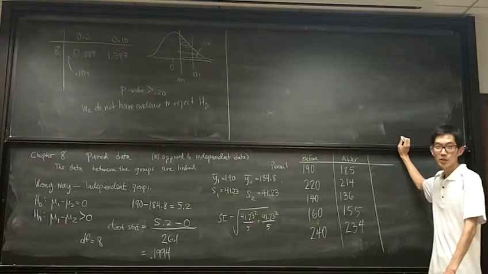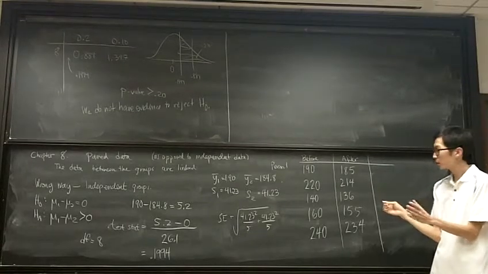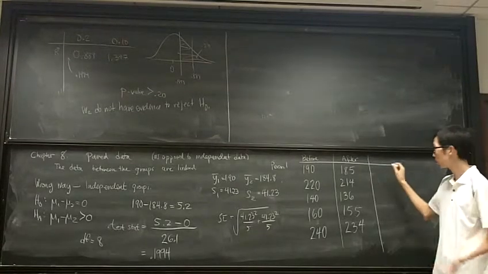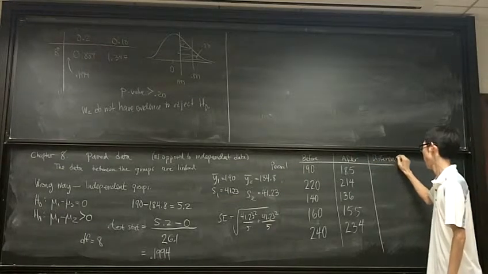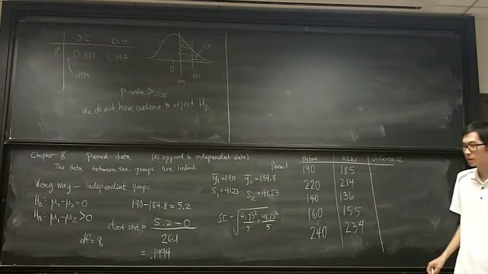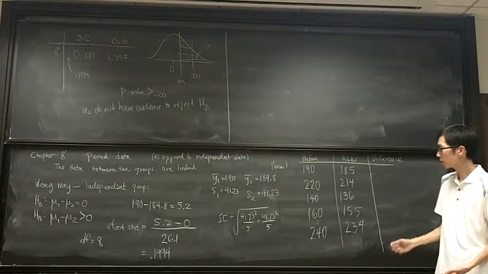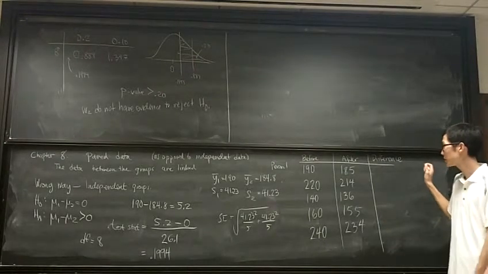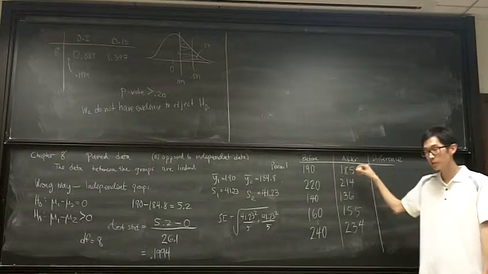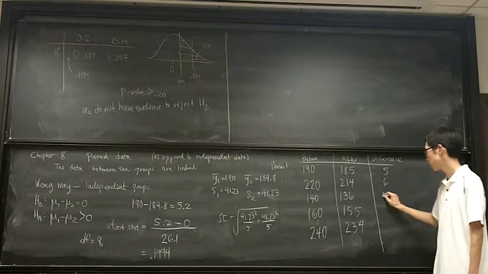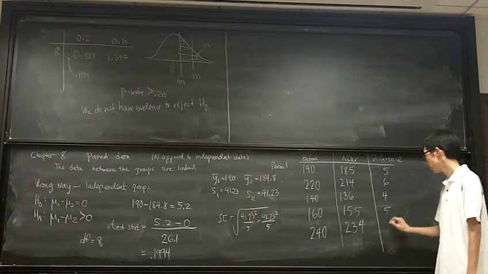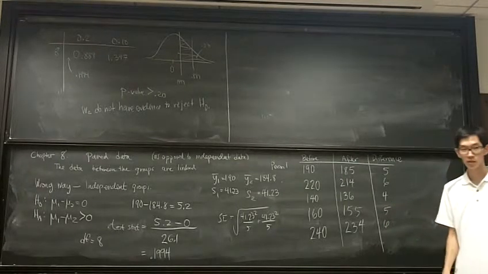What we're going to do is look at the difference created. What is the difference? We create a third column called the difference, and we just do 190 minus 185. So here I get a difference of 5 pounds, 6 pounds, 4 pounds, 5 pounds, and 6 pounds.